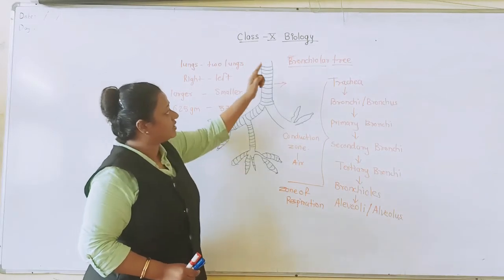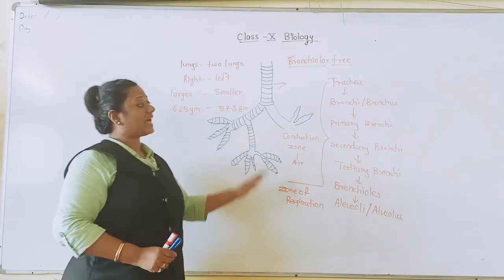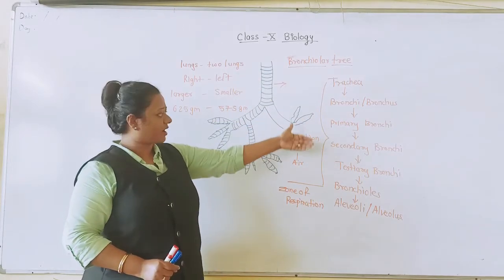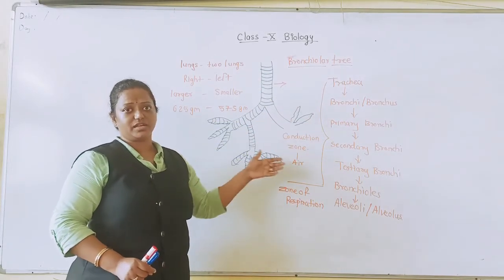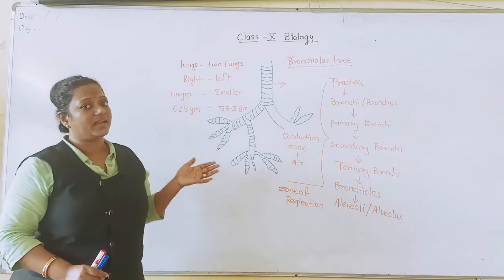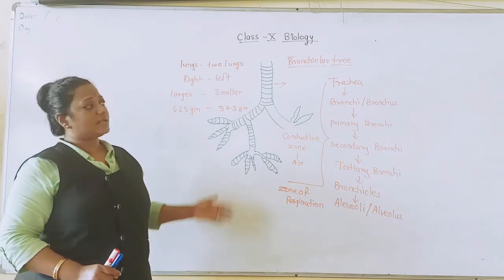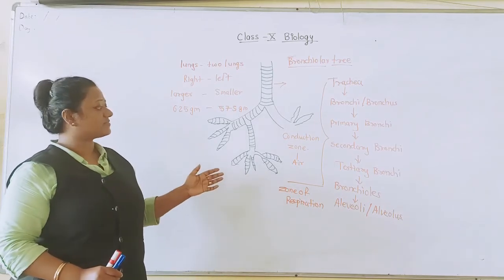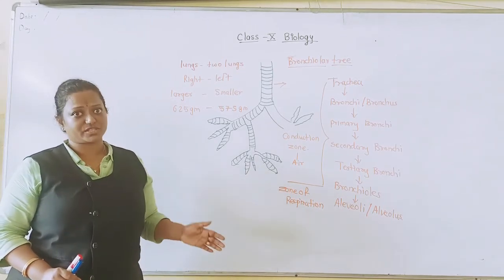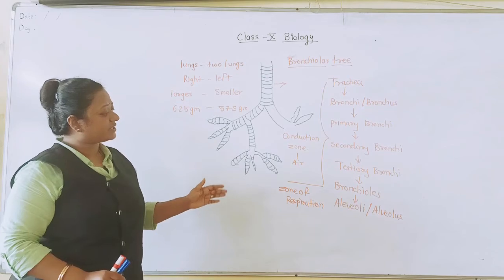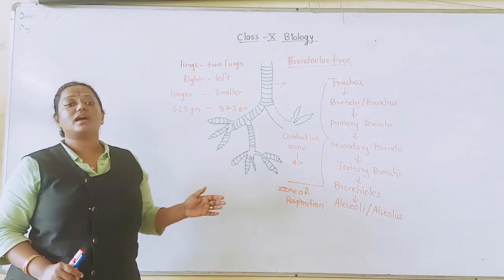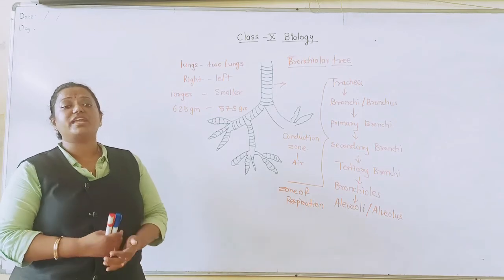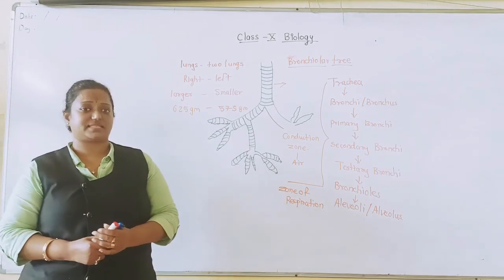In the bronchiolar tree, the trachea, bronchi or bronchus, primary, secondary, tertiary, bronchioles and alveoli are present. Up to the bronchioles, it is called the zone of conduction. And the end part of this lung is called alveoli. The 350 crore alveoli are present.